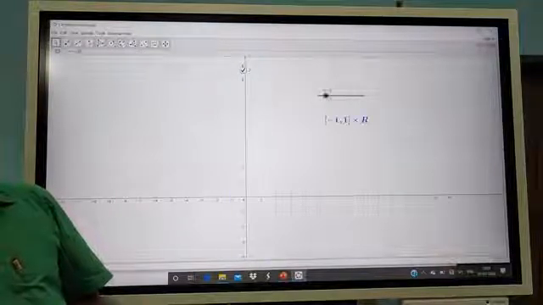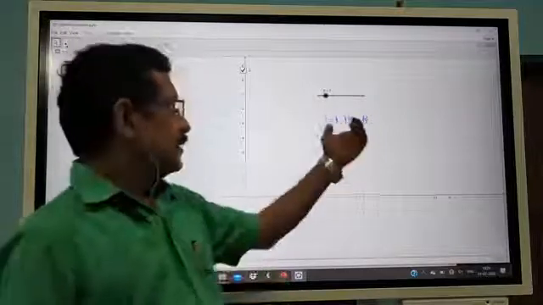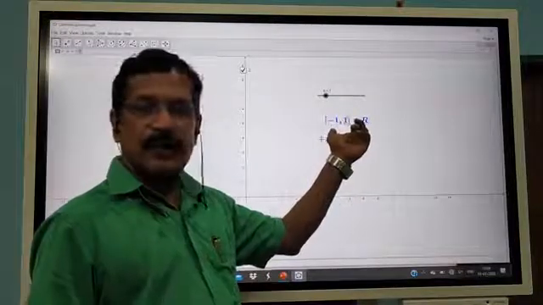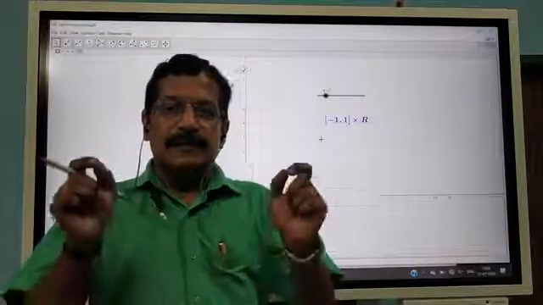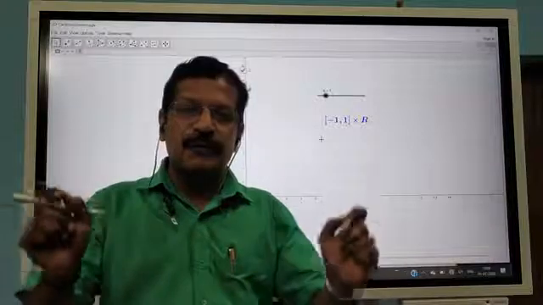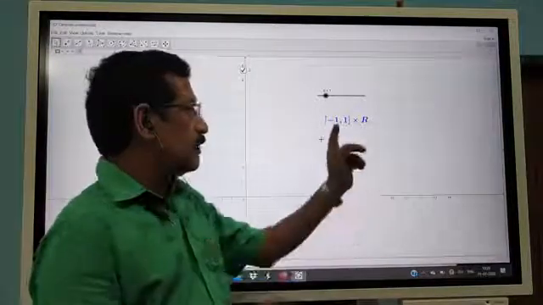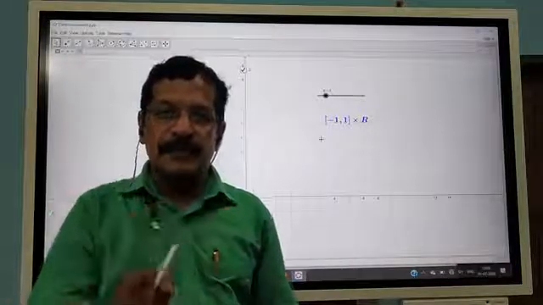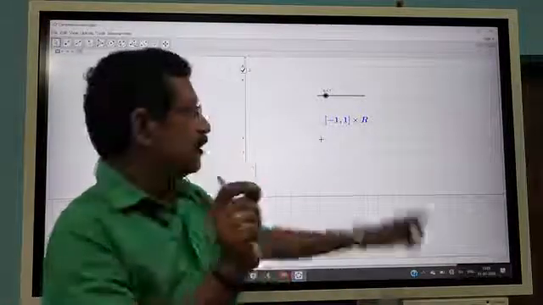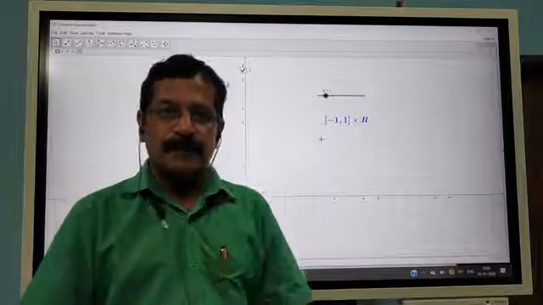Let us think about the Cartesian product of a closed interval and the set of all real numbers. Closed interval [-1, 1] cross R. Here, the collection is the set of all ordered pairs in such a way that the first component is an element of [-1, 1], and the second component is an element of the real number set R. What will be that?